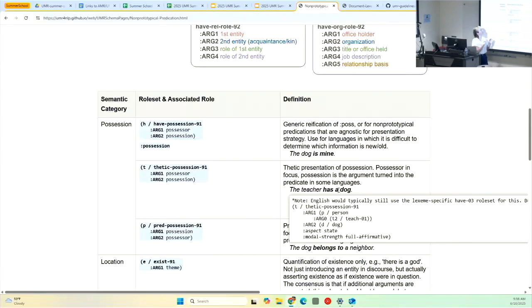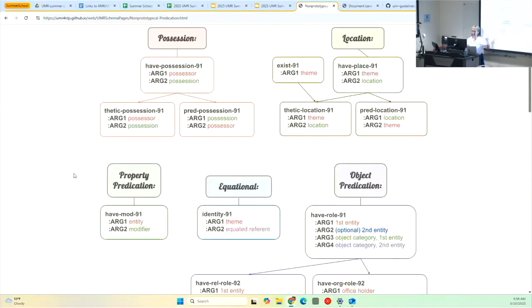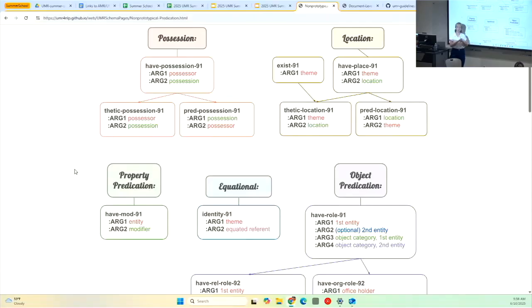So anyway, that's part of why we have decided, and this is a change from last year. It used to be that you had to choose between a have 91 and a belong 91, but now we have a parent category where you don't have to choose between the two. So if you don't want to try to distinguish thetic from predicational, you don't need to. And that is the same with location.